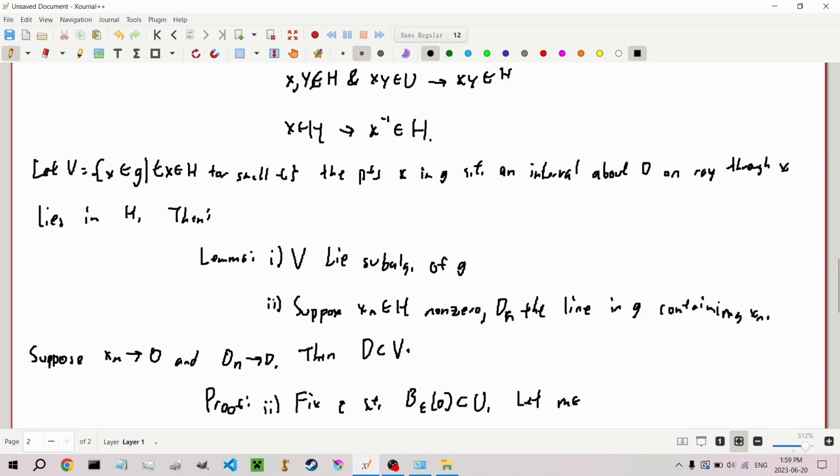Let m be a positive integer and epsilon_m be epsilon over m.